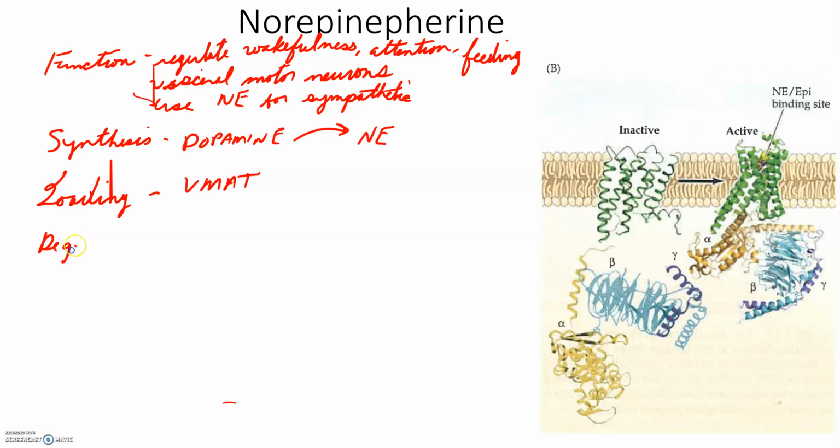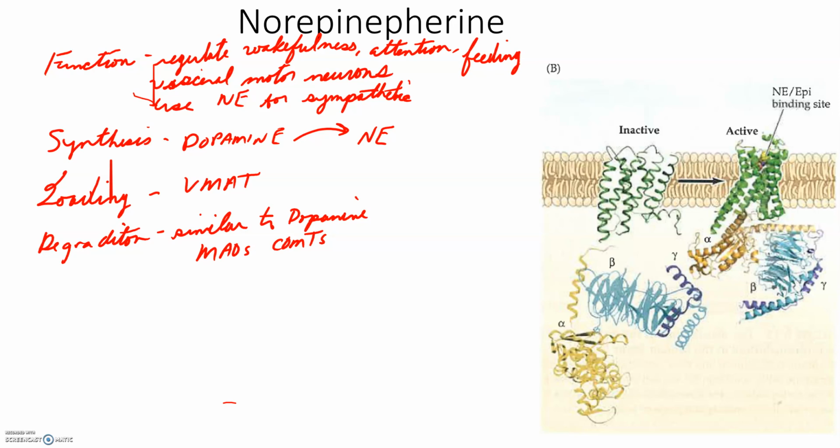Degradation. Similarly to dopamine, it's also going to use MAOs and COMTs to break it down. There's a slight difference in how it's cleared.